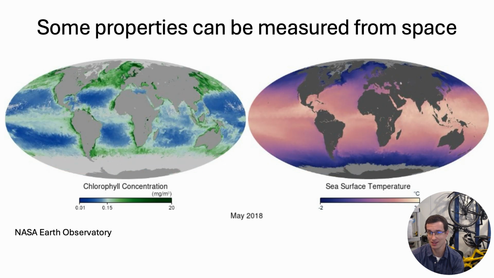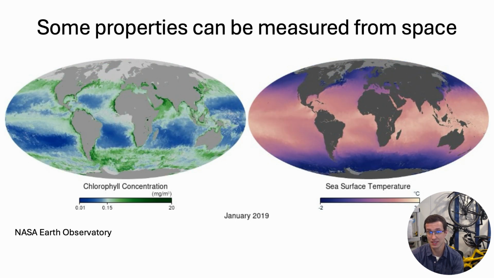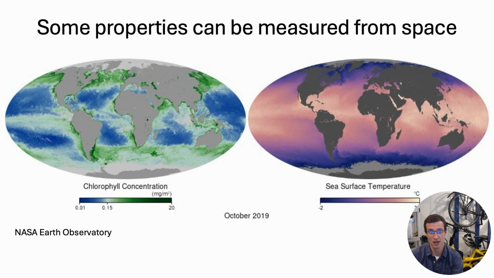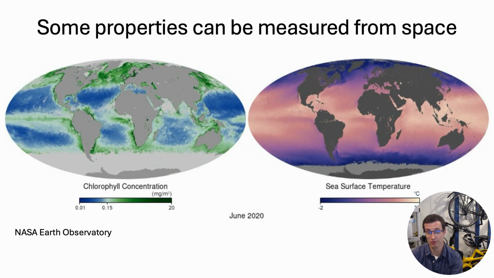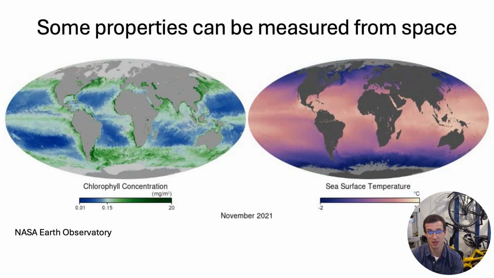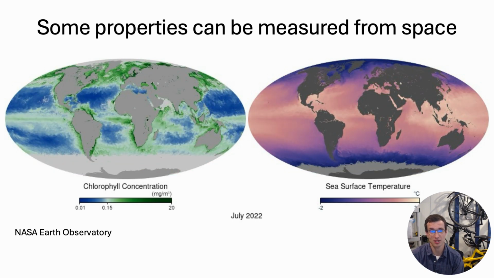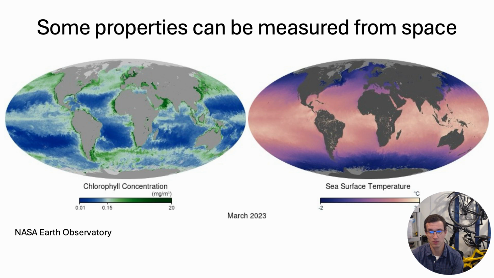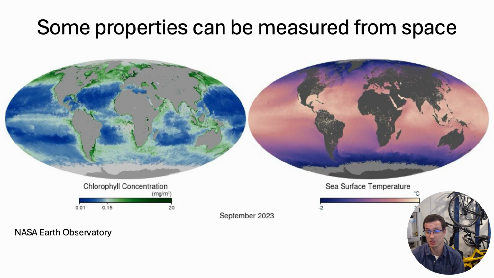You start getting down to daily images, and even from satellites, there's gaps, right? You have clouds, you have times where there's not enough light, for instance, in the wintertime in the Southern Ocean, or the wintertime in the Northern Hemisphere, where you don't have enough light to actually measure ocean color. So you get a lot of information from space, but it's just the very surface, and there's a lot of things you can't measure.